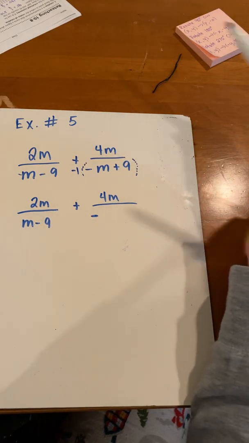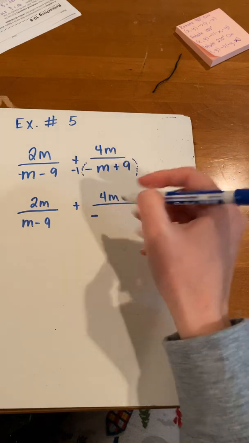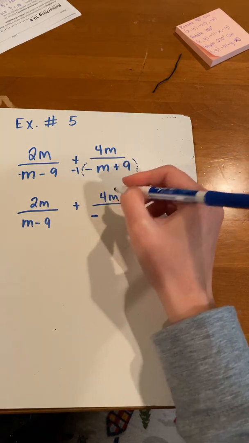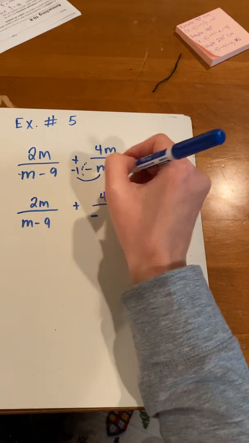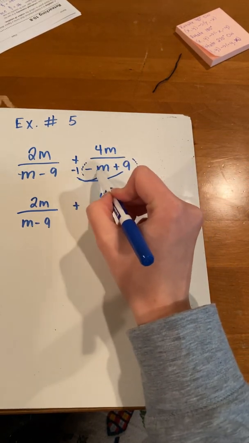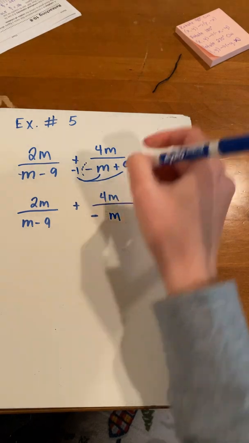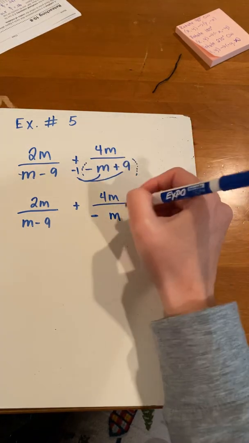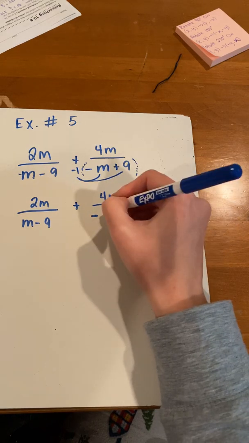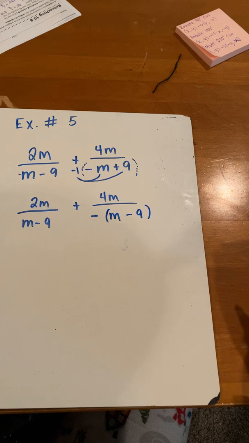Any kind of hovering negative sign has an implied 1 in front of it, so we're going to pull out that negative 1 and leave it as just a negative sign on the outside of parentheses. And by pulling out that negative 1, I have to change my signs. So negative m divided by negative 1 is just going to be m. Negative n divided by negative 1 is now going to become positive n. And now I have matching denominators.